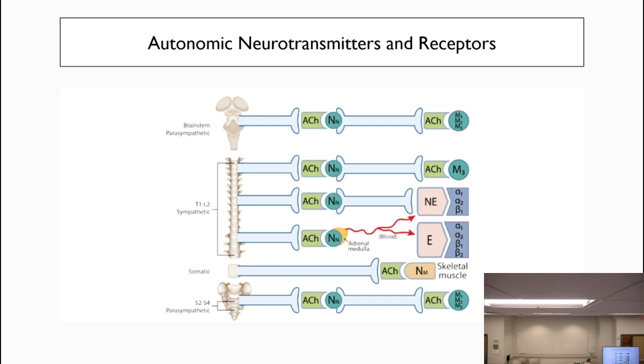That's why we call it a neurohormone, because it's a neurotransmitter that goes to the blood, like the hormones. What is released there? A little bit of norepinephrine and tons of epinephrine. One of the things the adrenal medulla does is convert norepinephrine into epinephrine. That is going to activate alpha-1, alpha-2, beta-1, and beta-2 receptors.